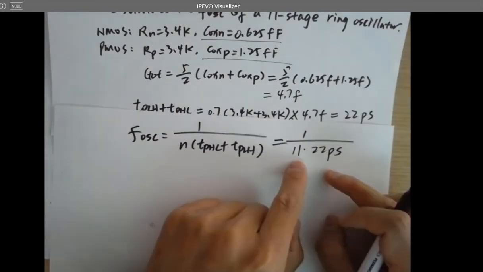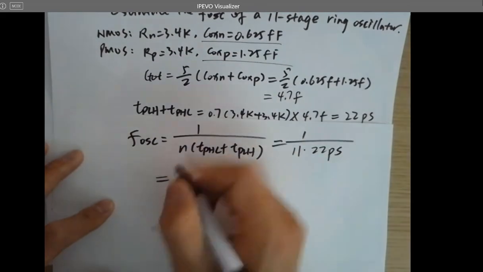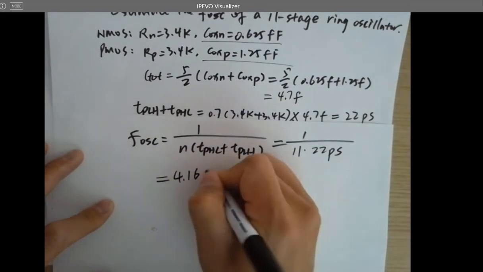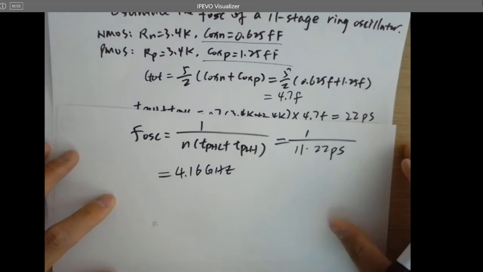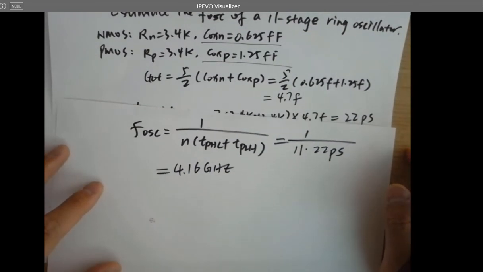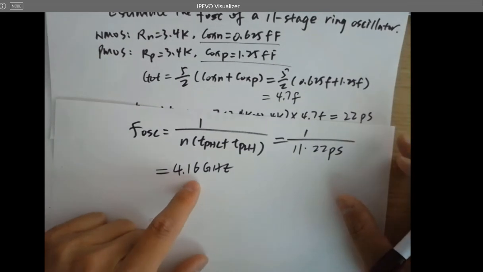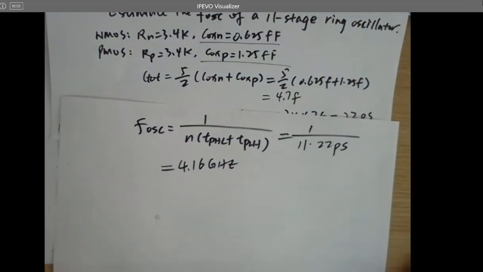So if you have more stages, do you get a slower or faster signal? Slower. So sometimes you want to slow it down, so just add more stages if it's just too fast. That's 4.16 giga pulses per second.